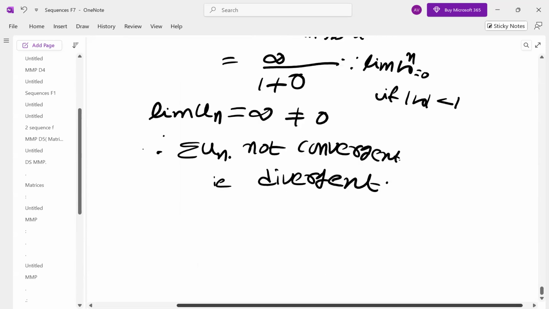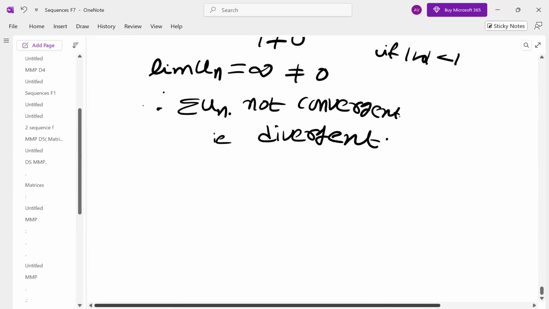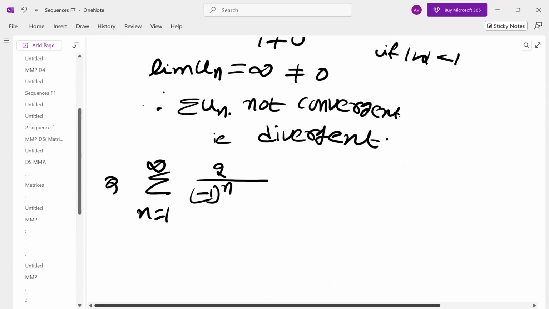So last in this model, there are many. You take any text and try to do. I'm doing only typical questions. 2 by minus 1 power n minus 3 whole power n. Typical question. So as I said earlier, whenever you have minus 1 power n, always divide into two cases, even, odd, wherever it is, whether it is sequence or series.